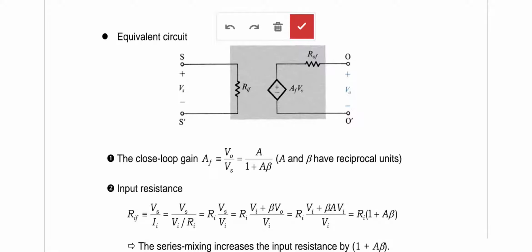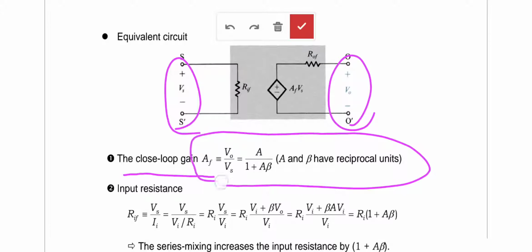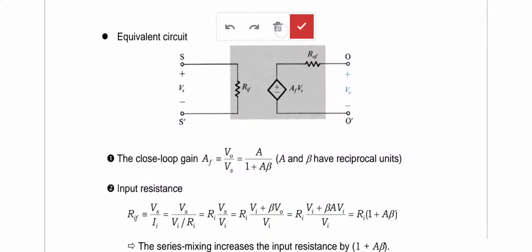So first one, closed loop gain or gain with feedback AF is equal to Vo by Vs. We already came to know that the gain of a feedback amplifier is A by 1 plus A beta. We are writing it directly. You can refer to the previous lecture and do the proof also.